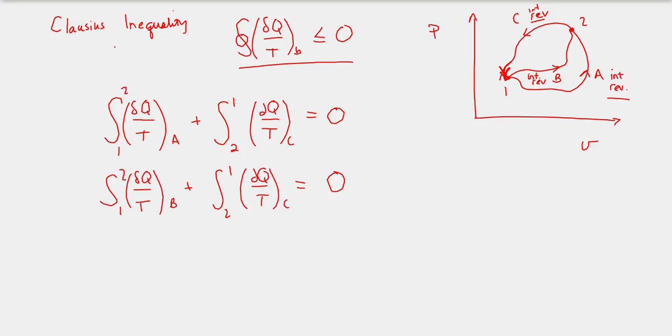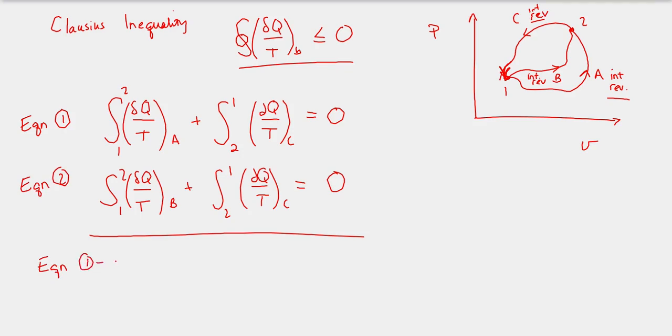All right, I'm going to take these two cycles, and mathematically, I'm just going to difference the two. So I'm going to take equation 1 minus equation 2, and what I'm left with is A and B are still present, the integrals.